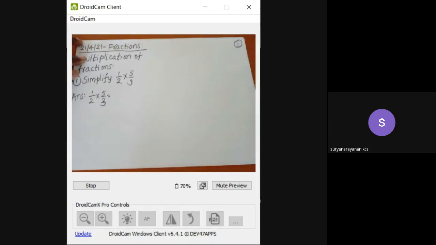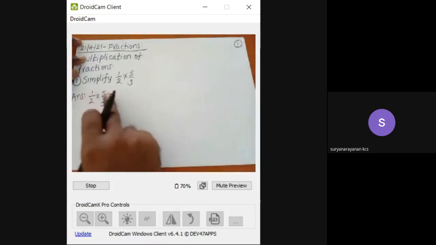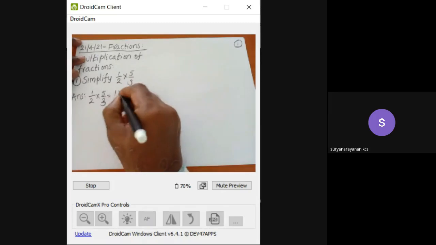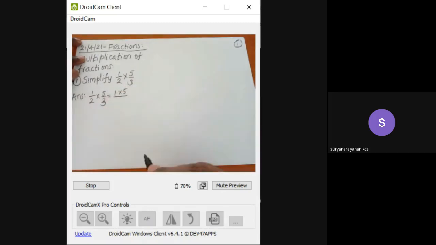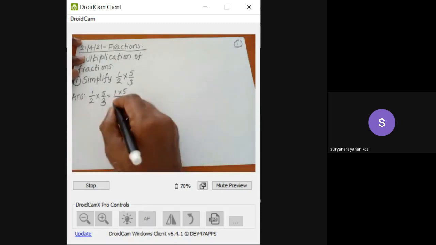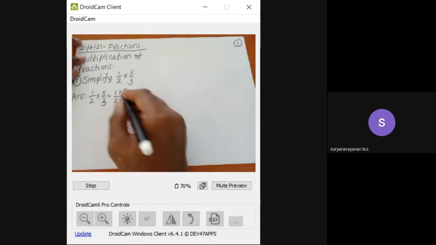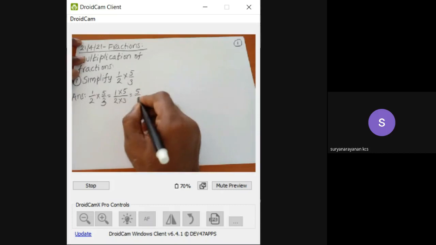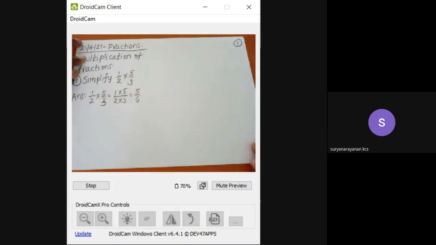How to multiply two fractions? We multiply numerator and numerator, denominator and denominator. So 1 into 5, we write it as a numerator, and in the denominator 2 into 3. 1 fives are 5 and 2 threes are 6. Okay, my dear children.